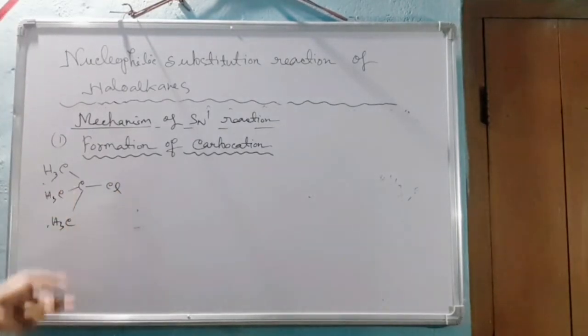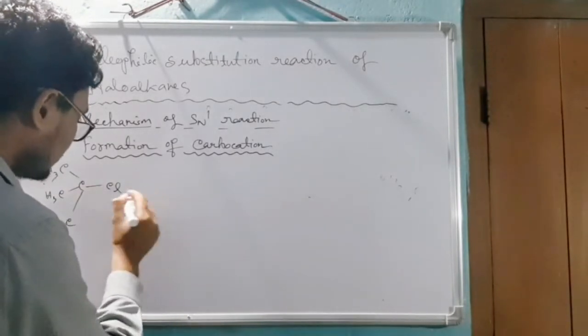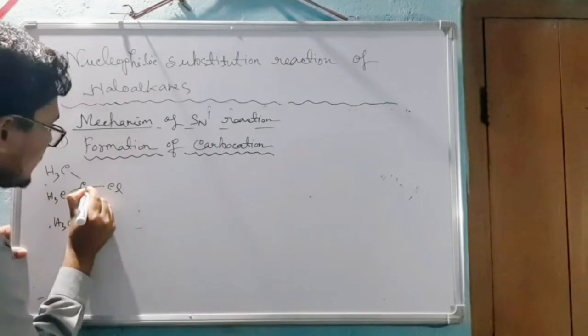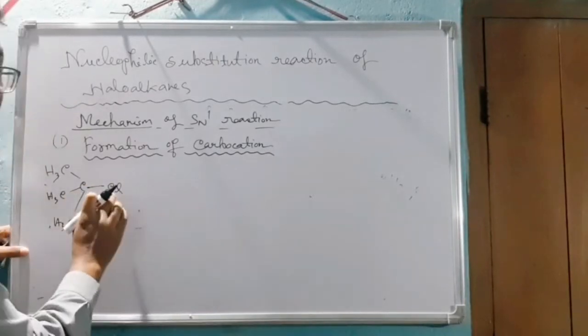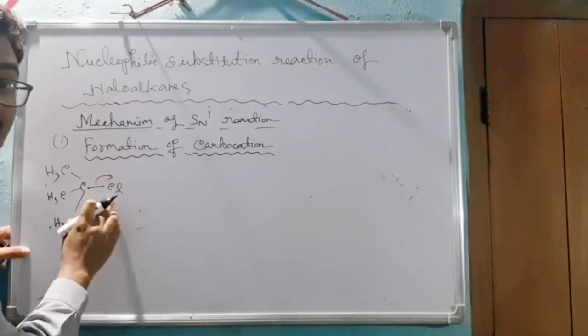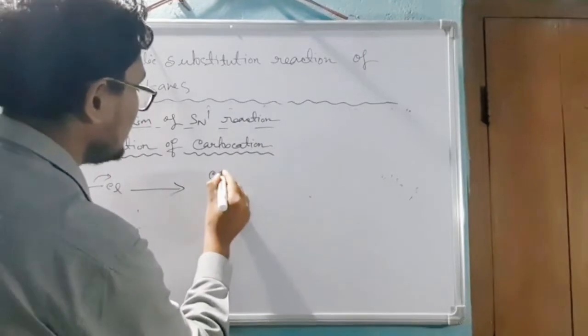This is a tertiary alkyl halide. So what will happen? In the first step, there are 2 electrons here, and this chlorine will take these electrons away. This will act as a leaving group.